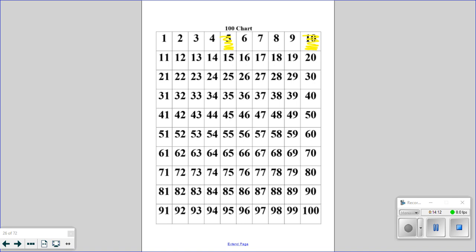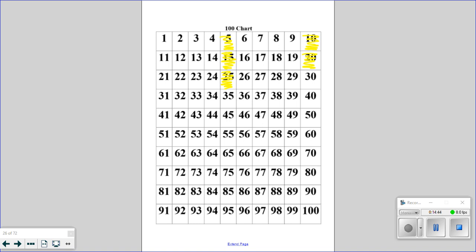What would that be? 15. Four groups of 5? Do it really fast. 20. Get those fingers going. We know what to do. 5 groups of 5. 25.